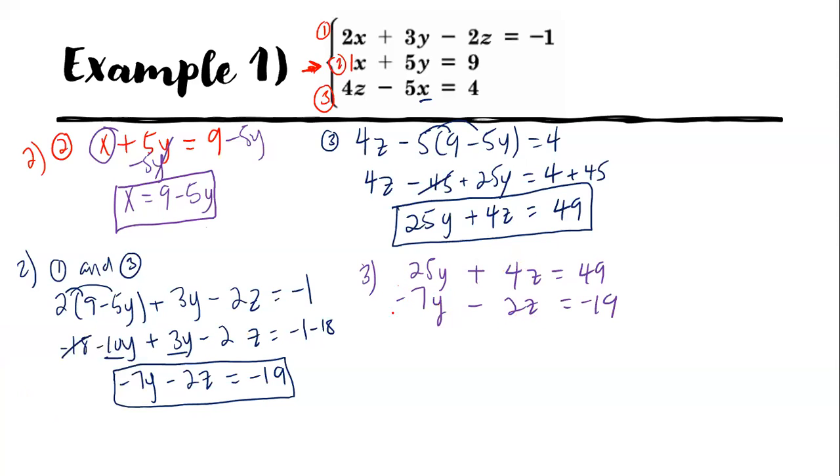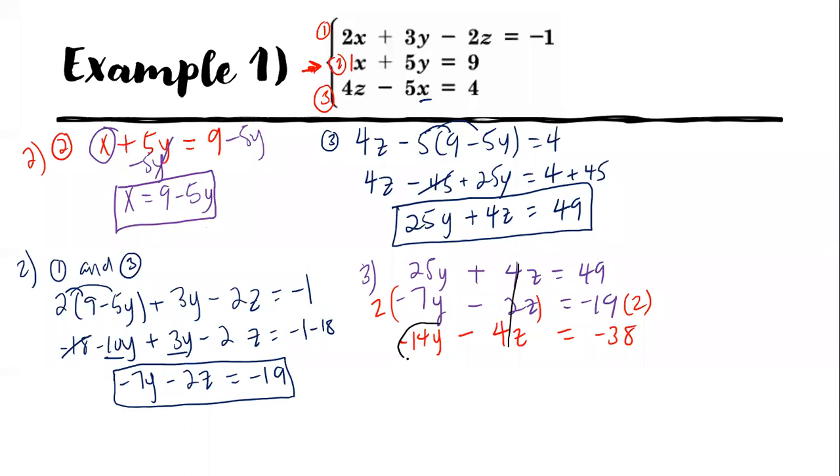And the way I'm going to do that is by multiplying the second equation by 2. And when I multiply the second equation by 2, my new equation that I'm working with is negative 14y minus 4z equals negative 38. So what this is going to allow me to do is eliminate my z's.